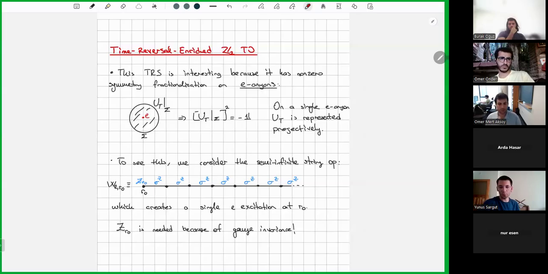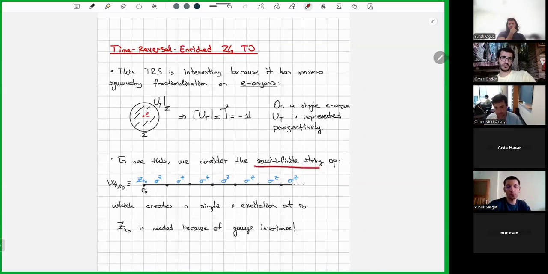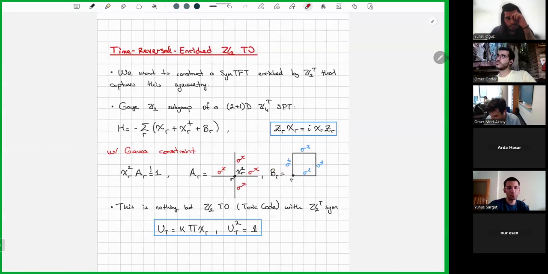To be able to do that, I'll start with the Hamiltonian and put a single E anyon trapped at some site. One way of doing it is to create an open string of sigma z's. This is a semi-infinite string, so it goes to infinity. The end of the string should create an E anyon because it anti-commutes with the Gauss constraint naively.